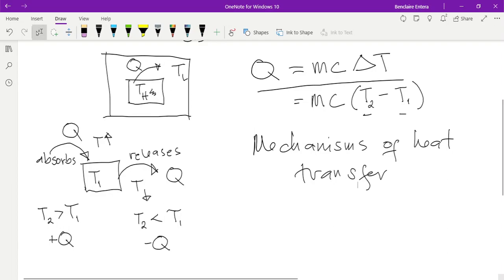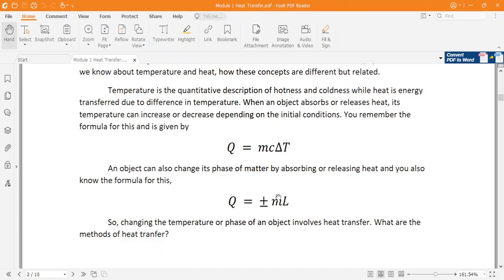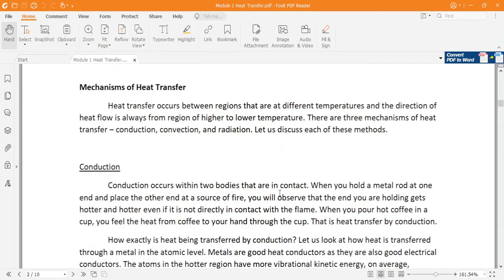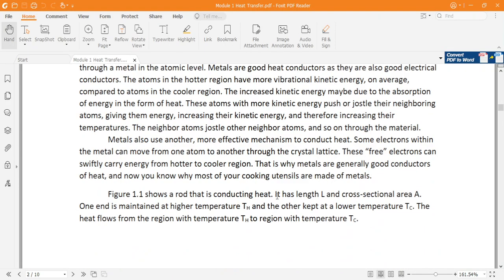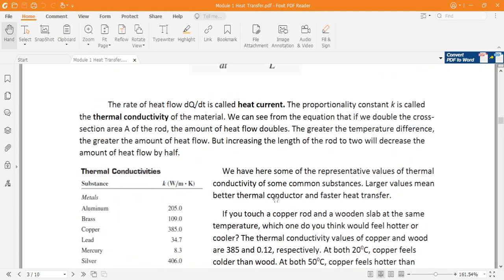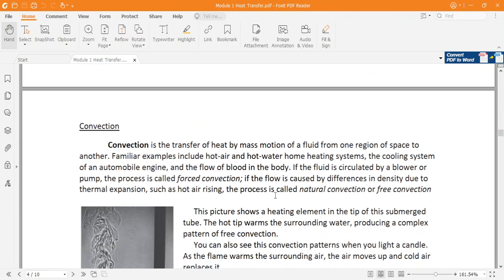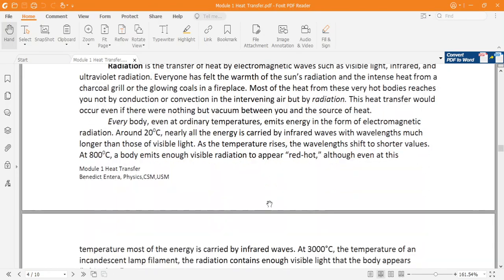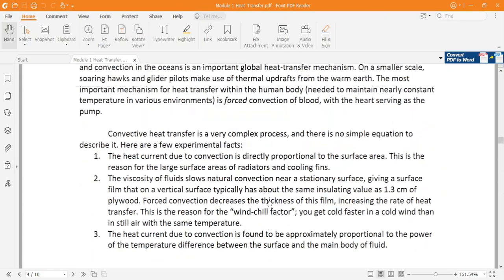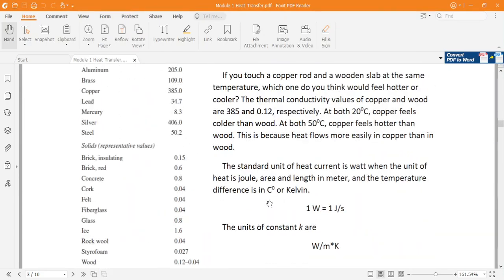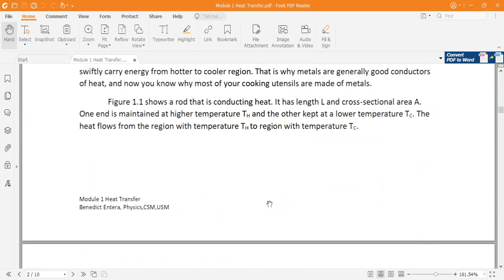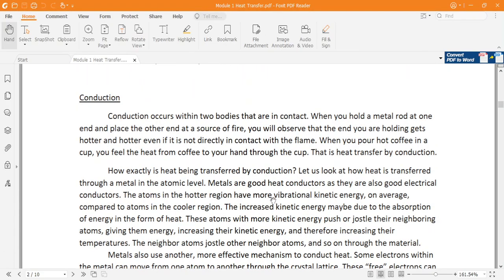So we have three: we have conduction, and then we have convection, and the third one we have radiation. Now in conduction, what you should remember is that this is heat transfer by contact.